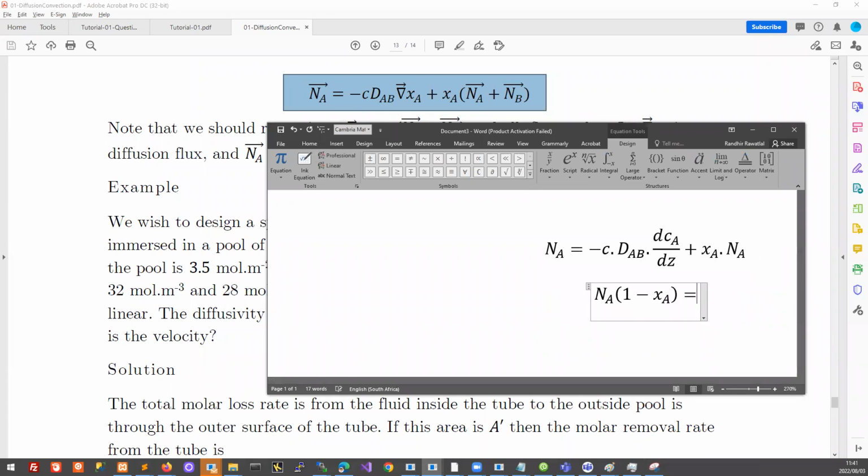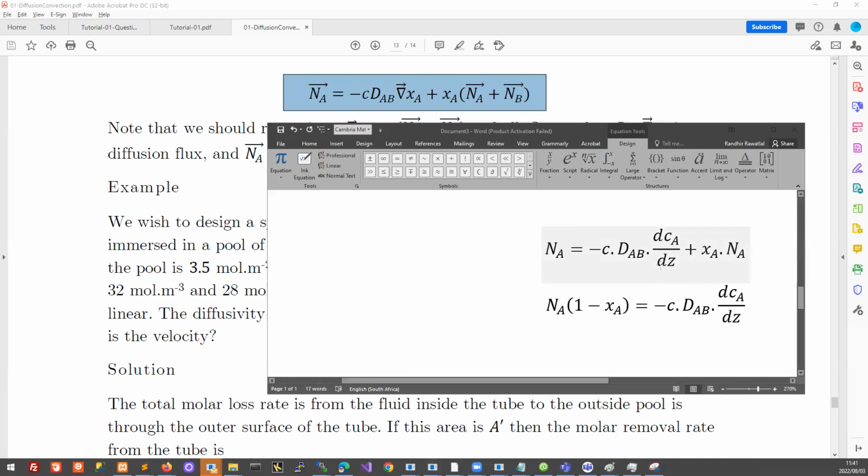And then on the right-hand side, we've got minus CDAB times DCA DZ. Right, so that is now in a form that we can work with. And that's specific to the situation of B being stagnant.